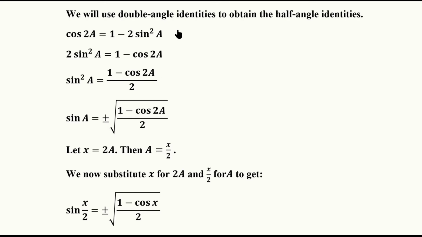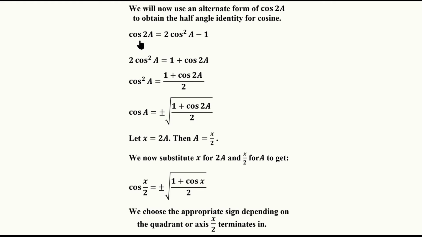Make sure that you can obtain this half angle identity on your own without needing much help as we proceed. So now we're going to start with this form of the identity for cosine 2a. The process is going to be almost identical. So we're going to go ahead and solve it for cosine squared a.